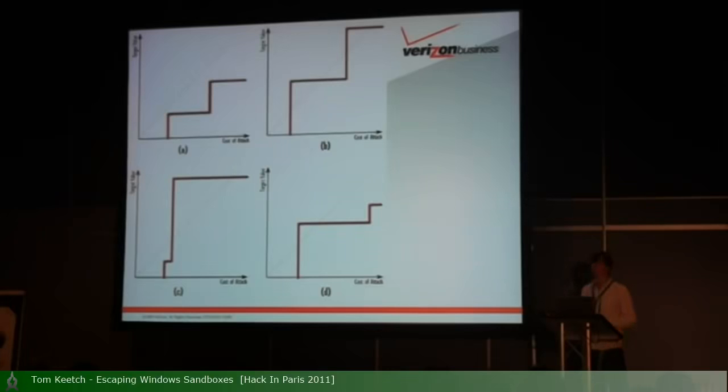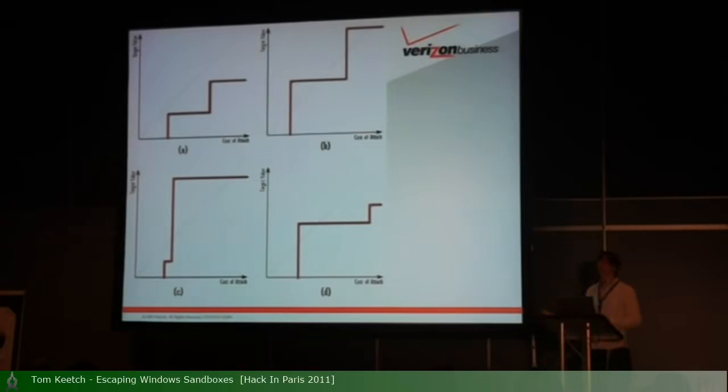Likewise, B is an unsafe system. There isn't really adequate exploit mitigation in place, and so the payoff is always positive for an attacker. Cases C and D are the two failure modes that I talked about on the previous slide. Case C is where it's an exploit mitigation that's trivial to bypass, and case D is where you've got an extremely strong sandbox, but you may be protecting the wrong thing.